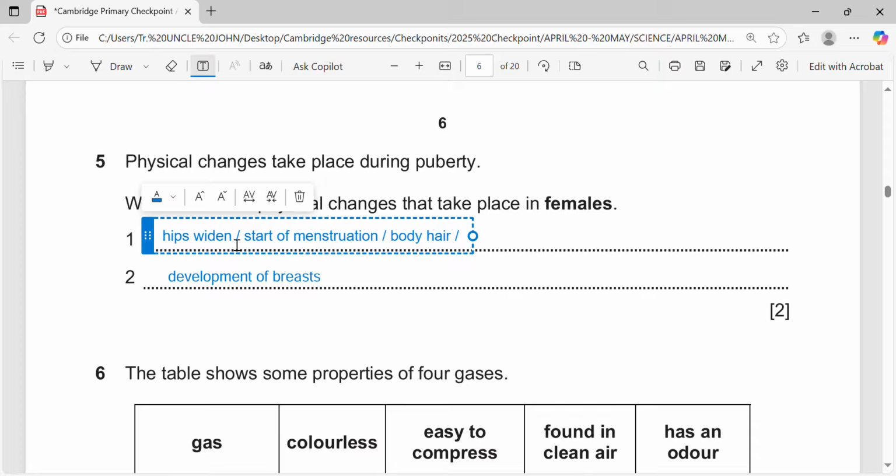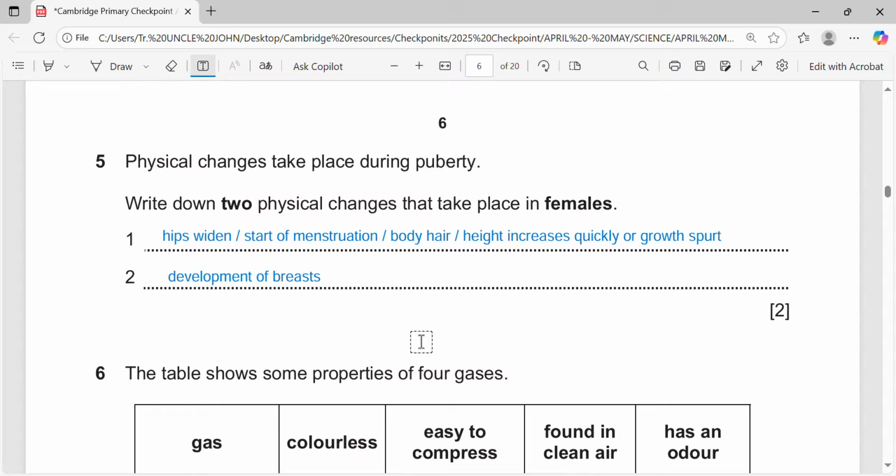Height increases quickly, or growth spurt.